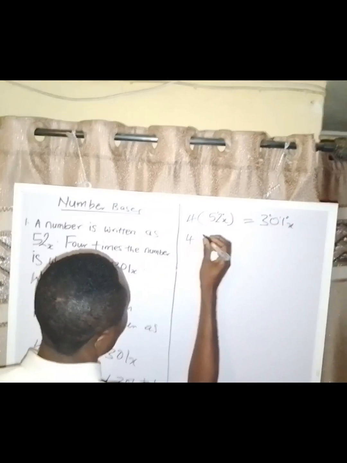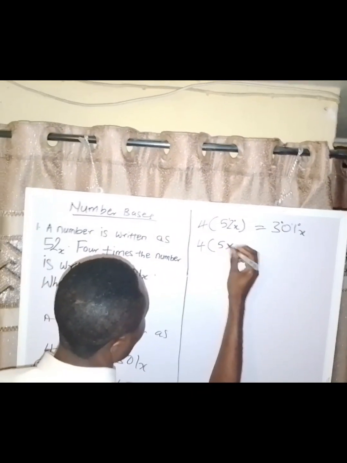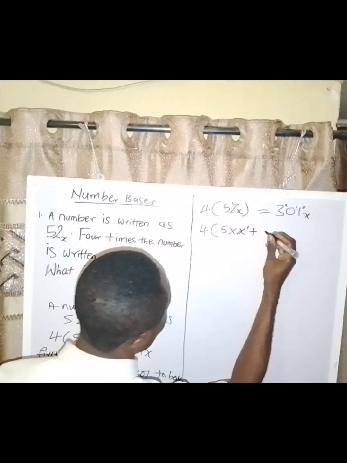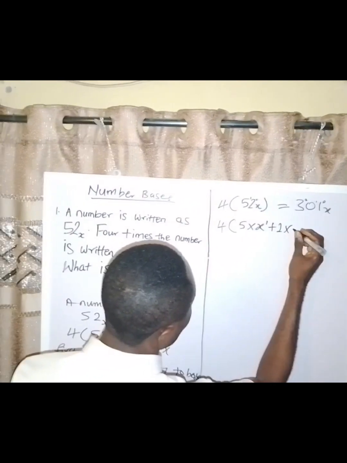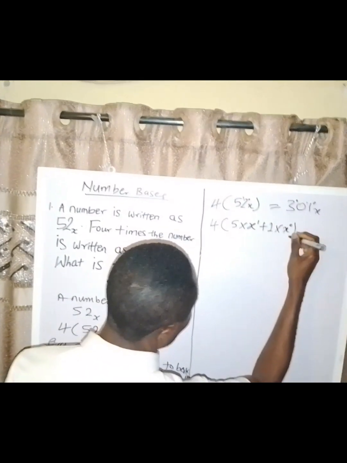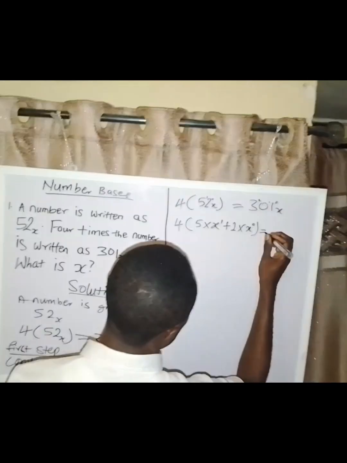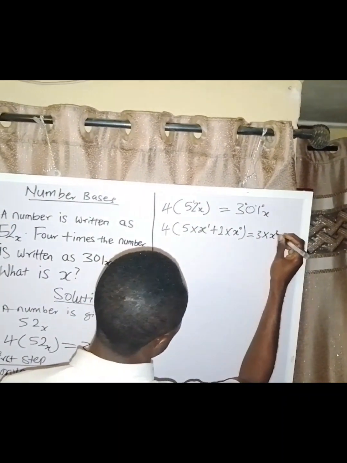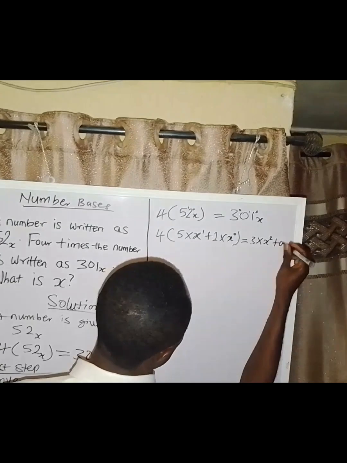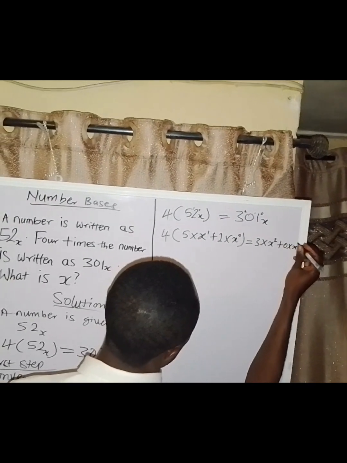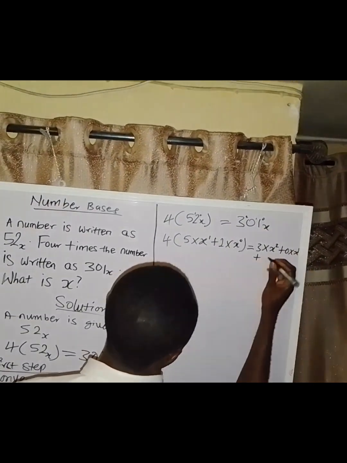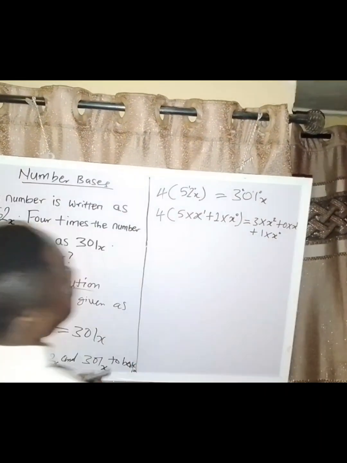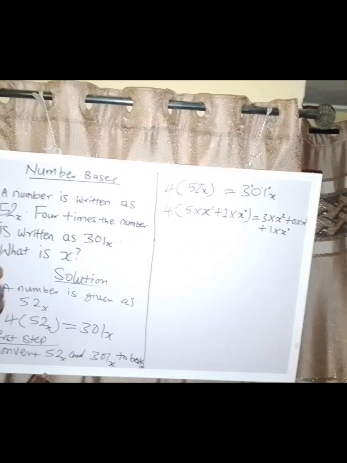So we then have 4 open bracket 5 multiplied by the base, which is x, to the power of 1, plus 2 multiplied by x to the power of 0, close the bracket, is equal to 3 multiplied by x to the power of 2, plus 0 multiplied by x to the power of 1, plus 1 multiplied by x to the power of 0. So we can simplify this now.